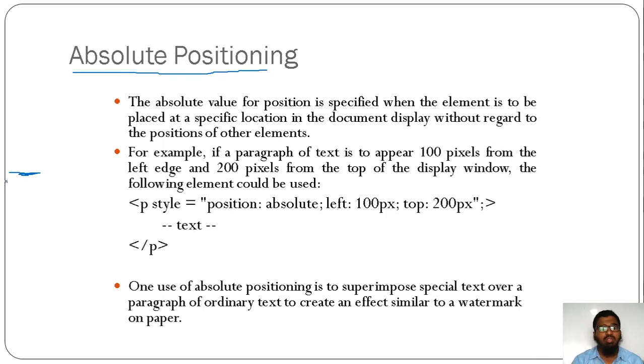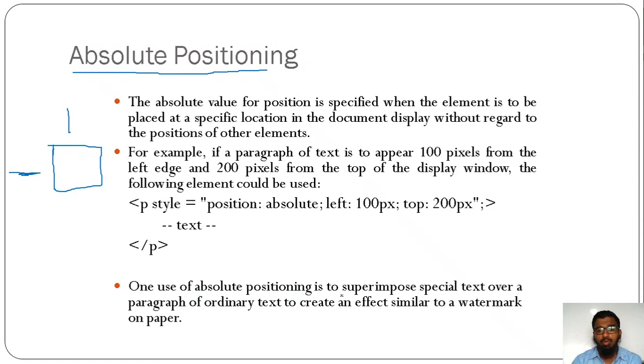So whatever text will be displayed, it will be given the position and it will display at that place only. Whenever you want, you can give the position and you can change the position.